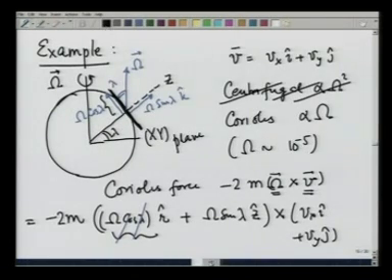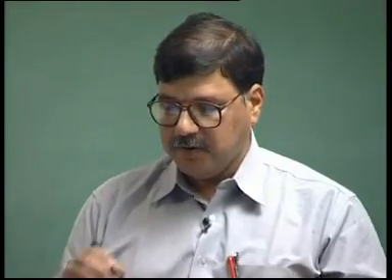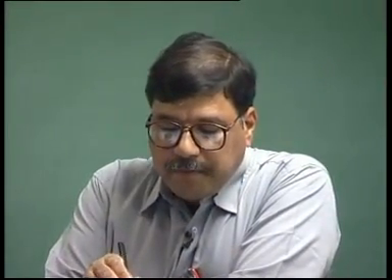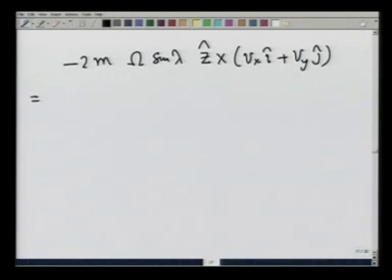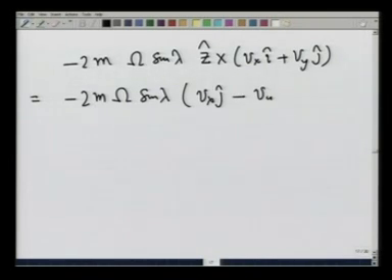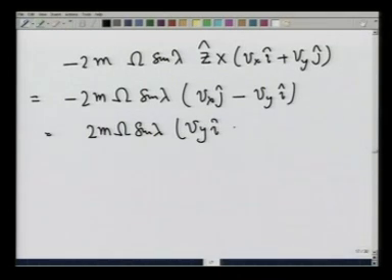And therefore, for the motion in xy plane, the terms which are important from the Coriolis force are minus 2m omega sine lambda z cross Vx i plus Vy j, which gives me minus 2m omega sine lambda Vx z cross i, which is j, so Vx j minus Vy i, which is same as 2m omega sine lambda Vy i minus Vx j.